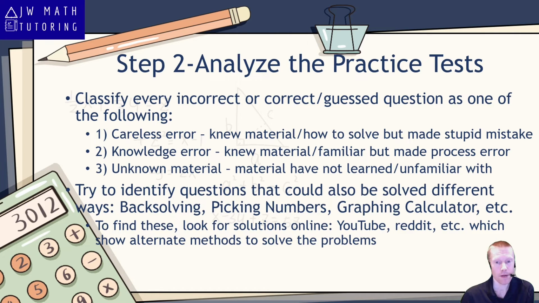And so what I mean by that is, as you're looking over problems, and this step could apply to ones you answered correctly as well, you want to get in the habit of looking for problems that you could instead have solved using maybe the technique of back solving, which is basically taking the answers for the problem and plugging them in and working them out to see which one is correct. Or the strategy of picking numbers, where you pick numbers for the different variables, or maybe it's a single variable in a problem, and then work it out to see which of the answer choices has to be correct.